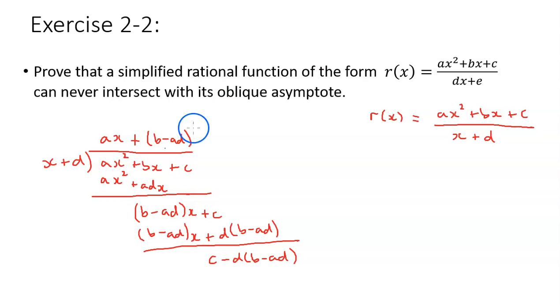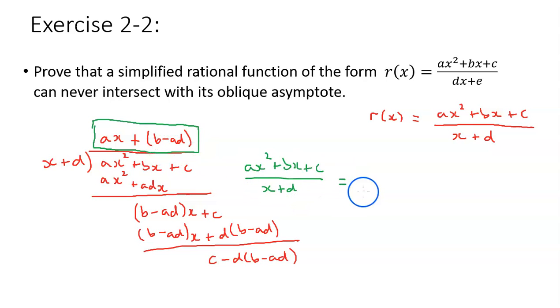What is important is this part here, which is our oblique asymptote, because it means that ax squared plus bx plus c divided by x plus d is equal to ax plus b minus ad plus this thing, c minus d times b minus ad divided by x plus d.